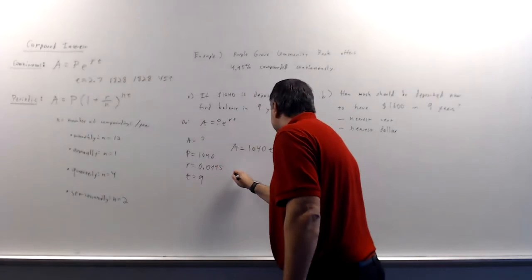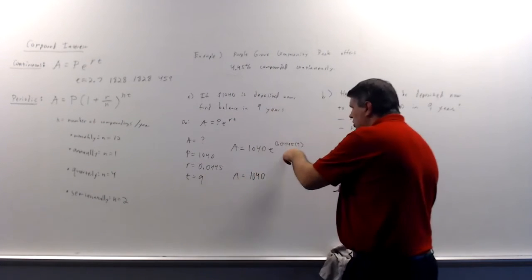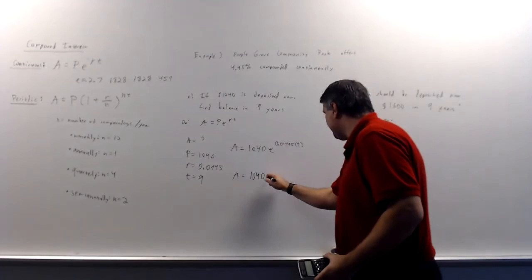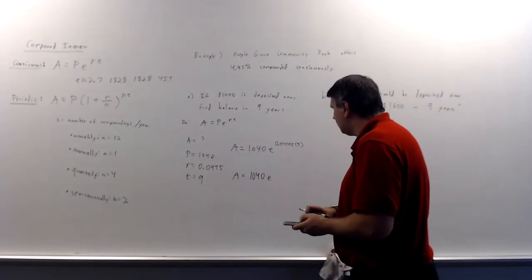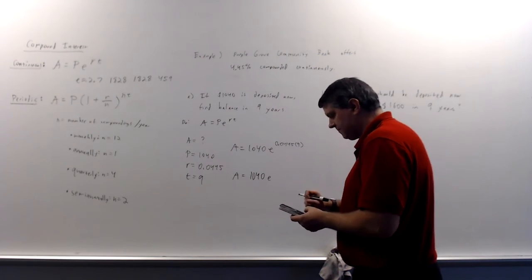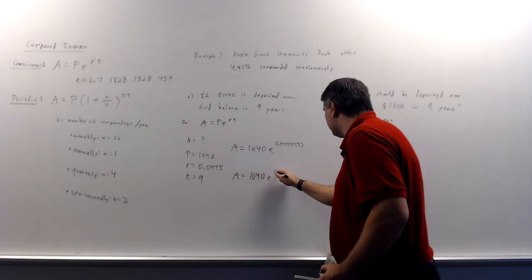Every calculator handles this differently, so what I would recommend you do is multiply this out. Okay? So leave the e. 0.0445 times 9 is 0.4005.